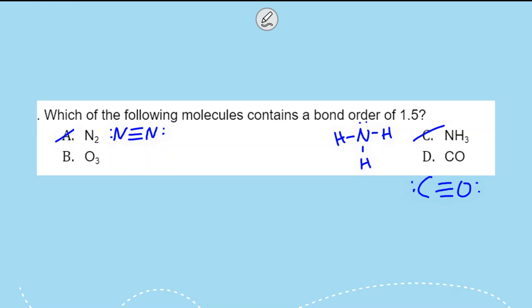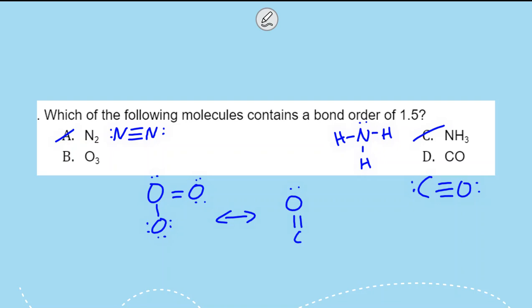I know I had you guys draw ozone. So what you'll notice about ozone is it ends up being like this when you draw it out. So you have one that's double bonded, one that's not double bonded, so it turns into a resonance structure like so.